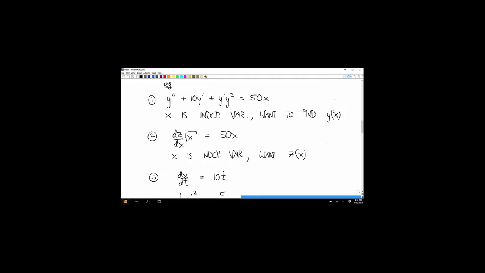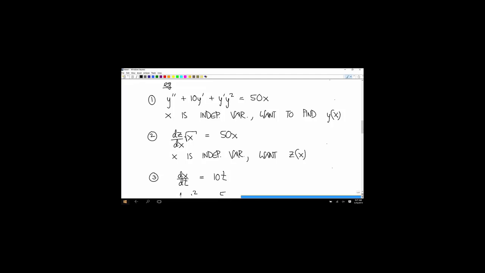Are either of these two of a form where we could express this as the derivative of the dependent with respect to the independent is equal to a function of the dependent times a function of the independent? That's what we're looking for. So let's look at this one. So dz/dx, and we can get that by itself by dividing both sides by that square root.